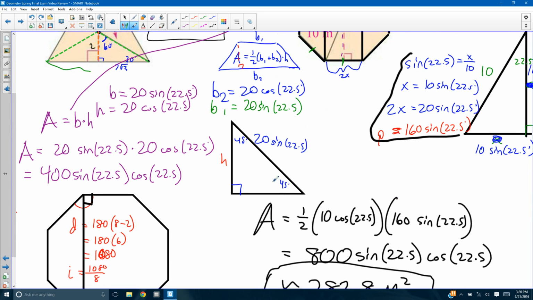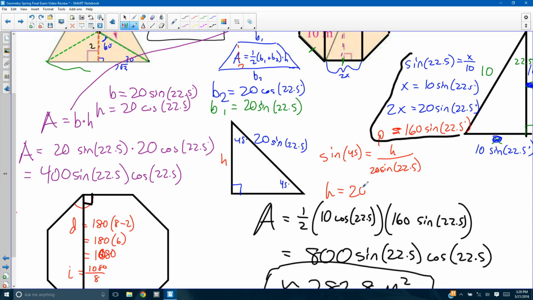The sine of 45 is going to be h over 20 times sine of 22.5. Sine of 45 equals, at least this way I have sine twice, 20 sine of 22.5 right there. So h equals, jeez, I don't know if ultimately this is going to be worth it.